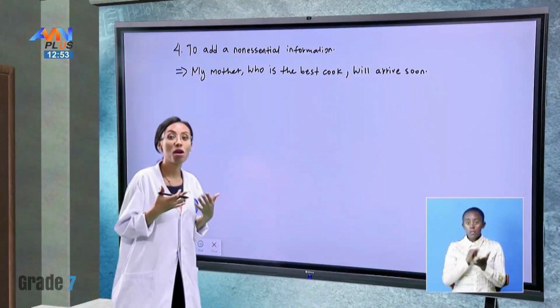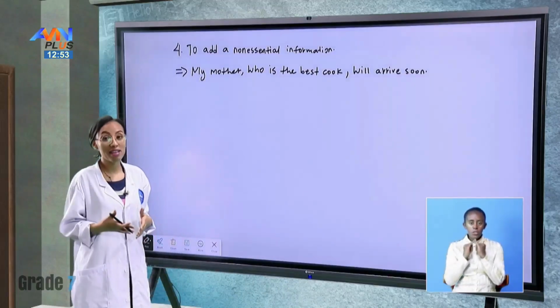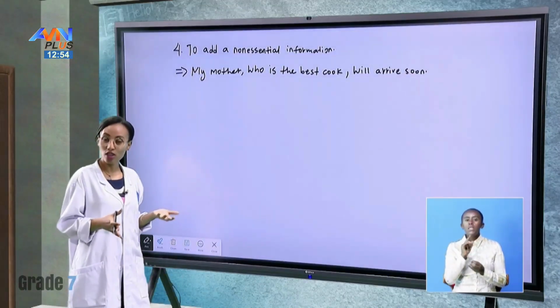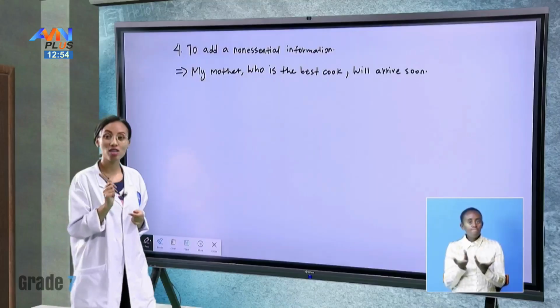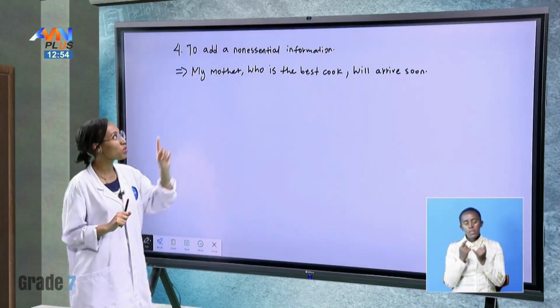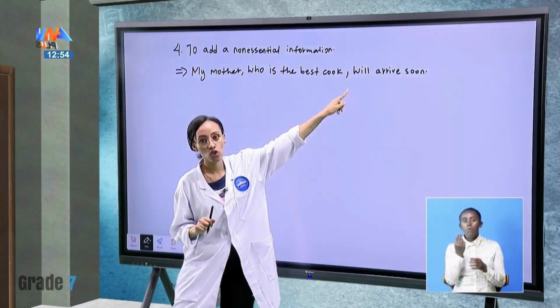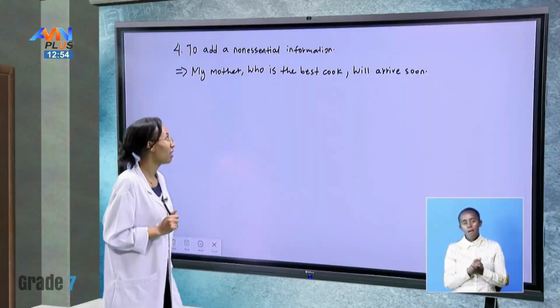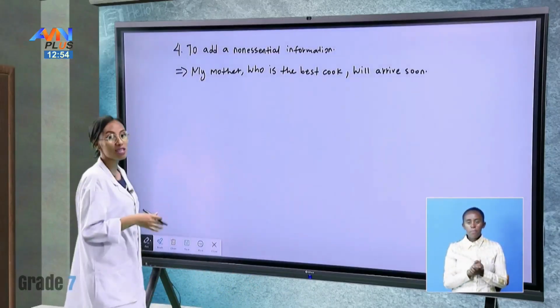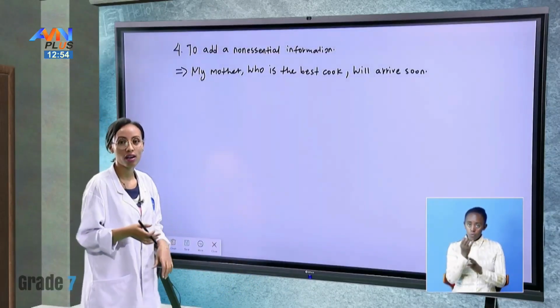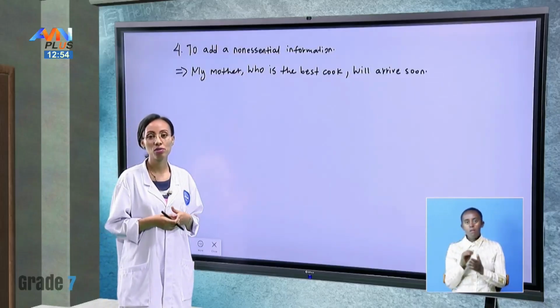That is our main information. But we have added who is the best cook, an additional information. If that is what we're doing in sentences, we usually use comma in the middle. Okay. This is the 4th way of using comma when we're using it in a sentence.